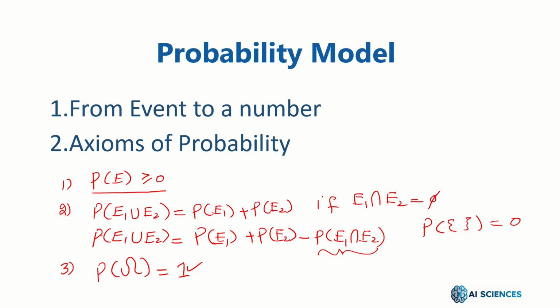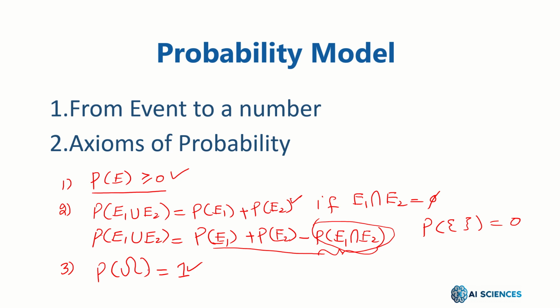So, first of all, the probability assigned to every event is non-negative. For mutually exclusive events, the probability of the union is just the sum of individual probabilities. And even if they are not mutually exclusive, even if they are not disjoint, you just account for the overcounting you did.